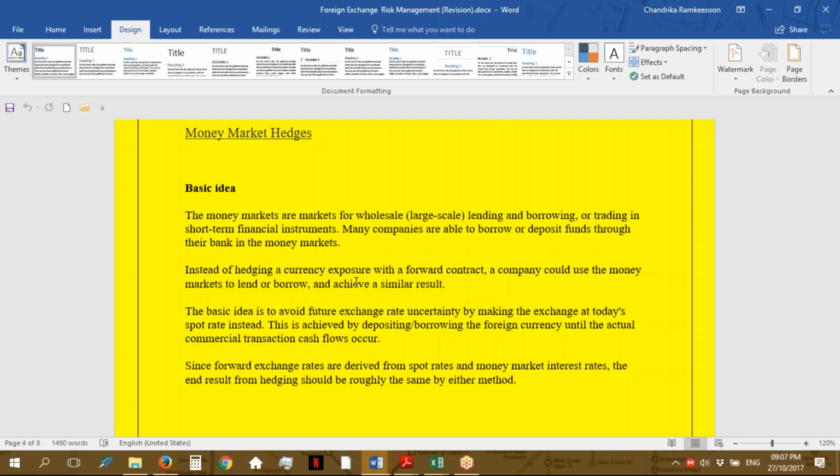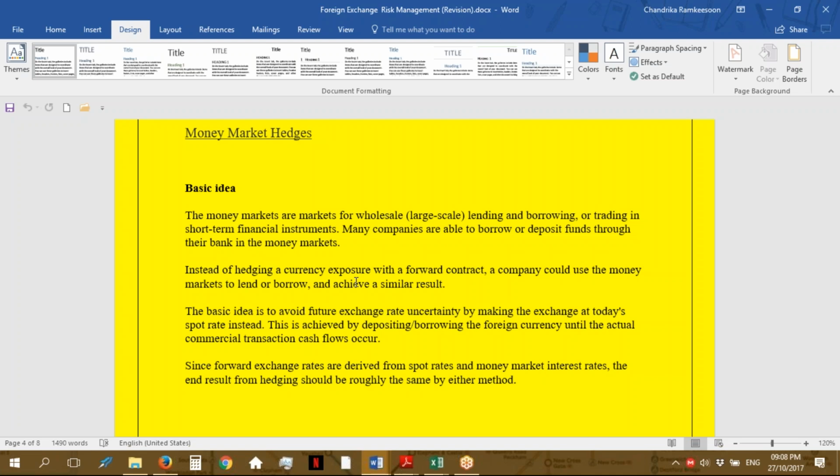The procedure differs slightly if it's an importer as compared to an exporter. But there are similarities. Both sets of procedures use something called the matching principle. Both rely on money market interest rates, which is why it's called a money market hedge, by the way.